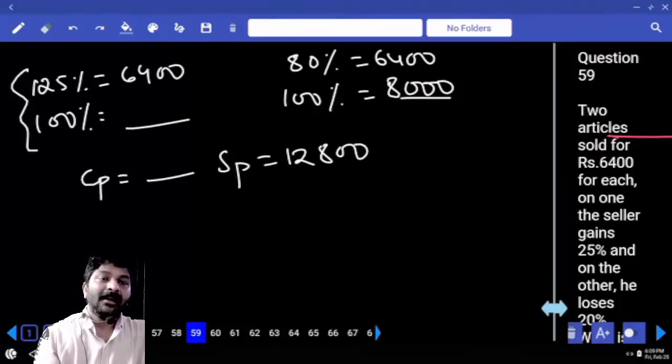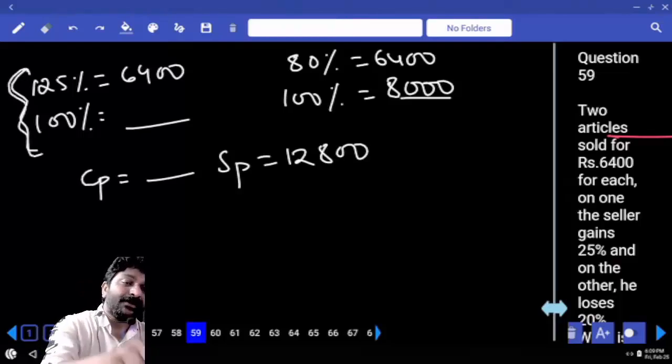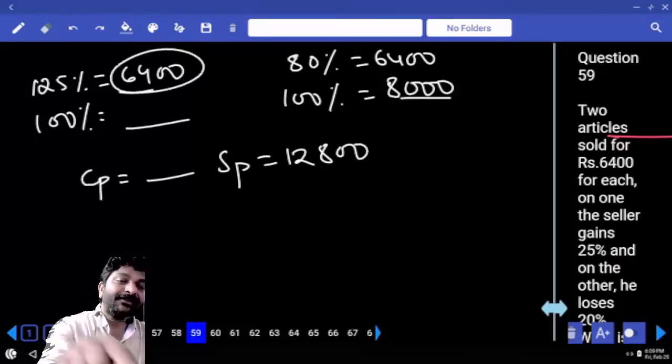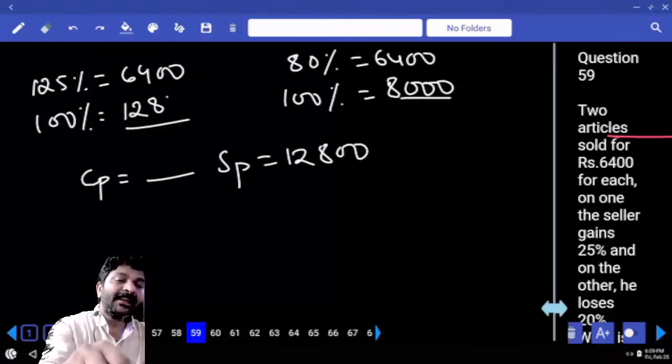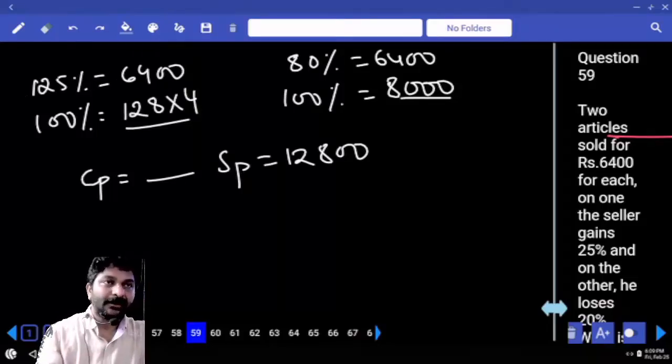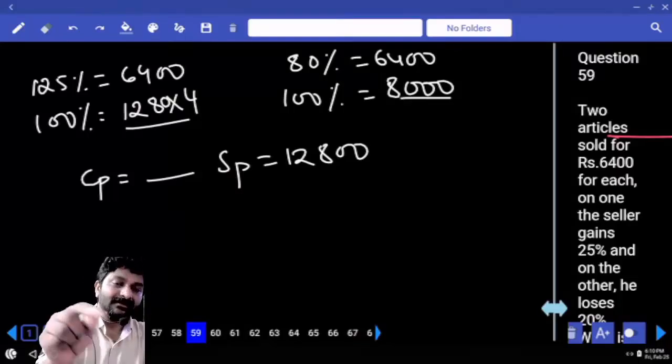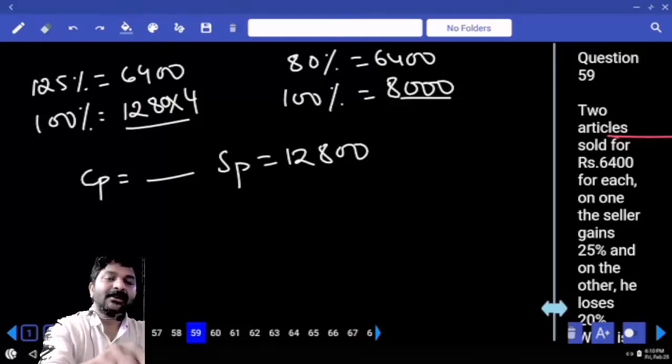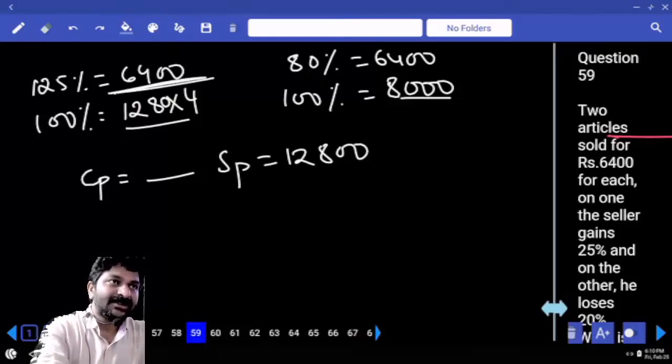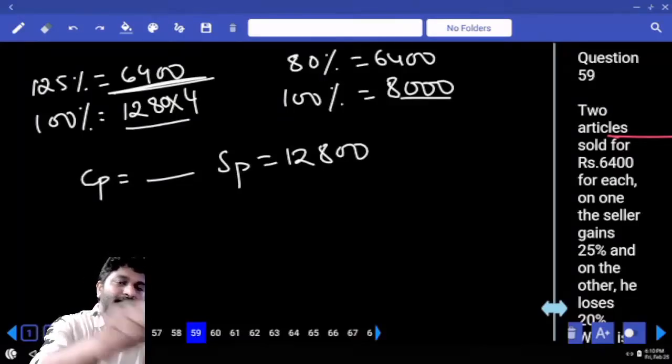If it is 5 is to 4, this is divided into 5 parts, where one part is equal to 1280. 6,400 divided into 5 parts. One part is equal to 1280. 4 parts is equal to into 4.